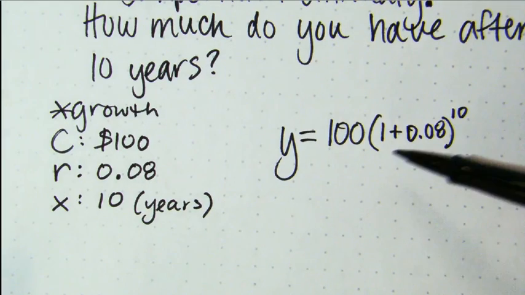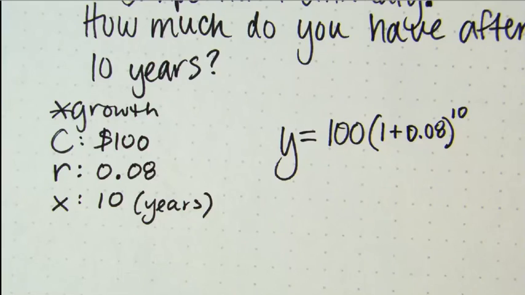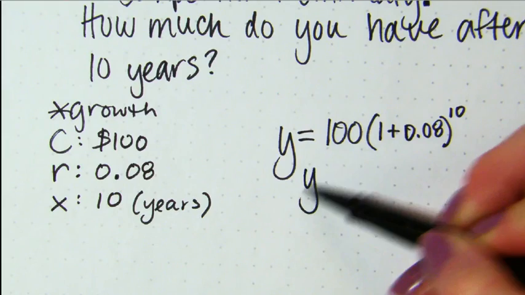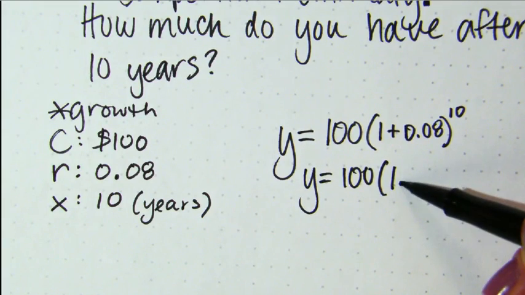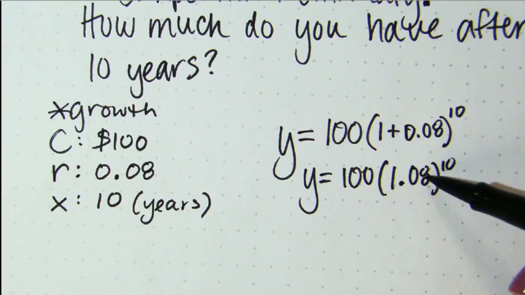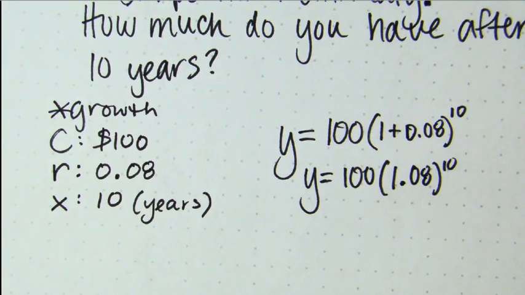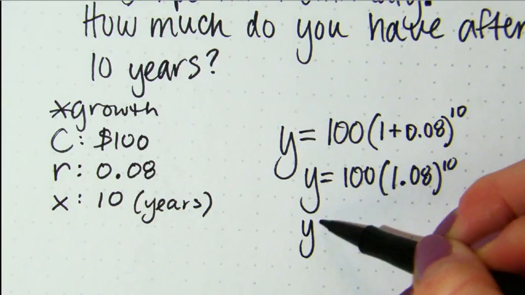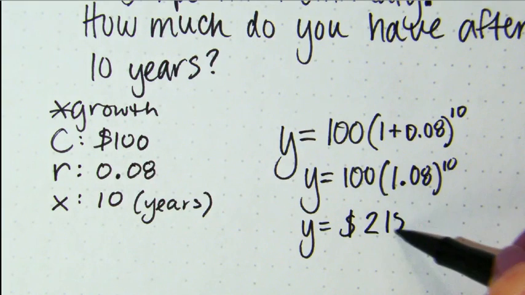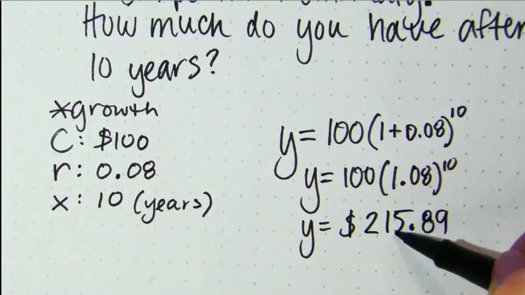And that's why we have 1.08, which you might have already thought of as you were looking at the problem. So y equals 100 times 1.08 to the 10th power. I'll calculate that for you guys. If you want to open a Chromebook and grab a graphing or a scientific calculator, you can. So y equals $215.89.